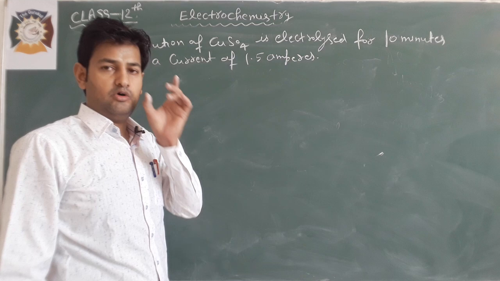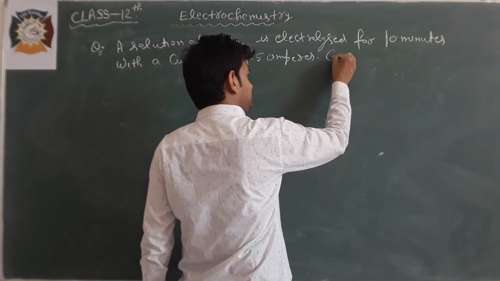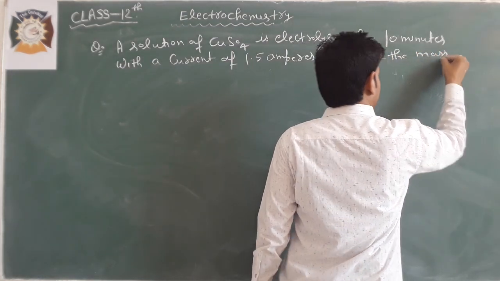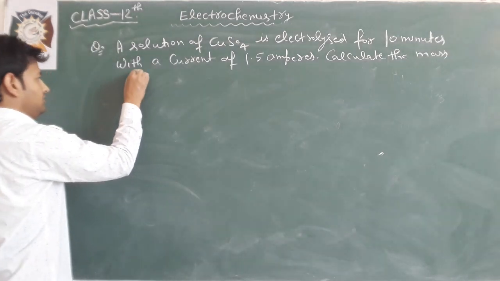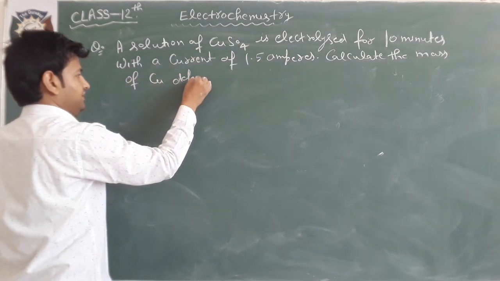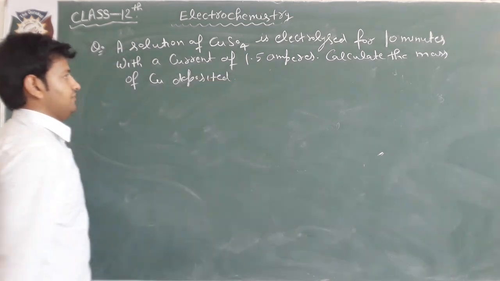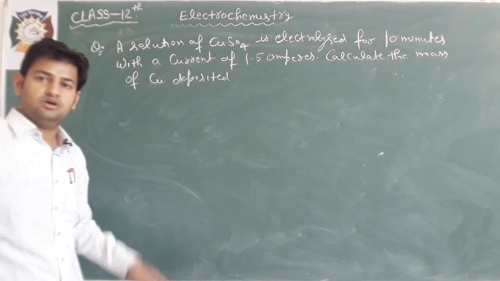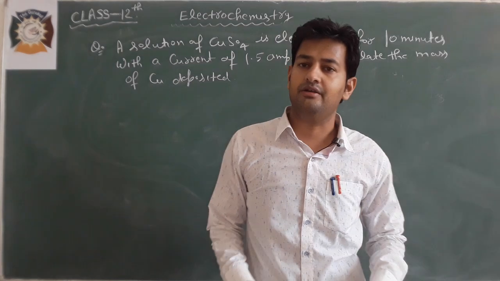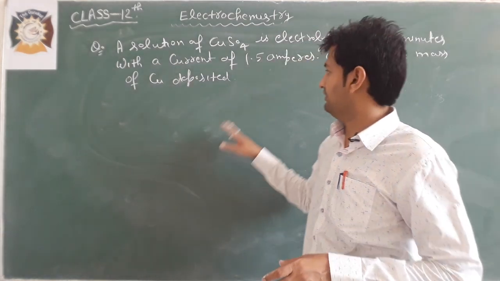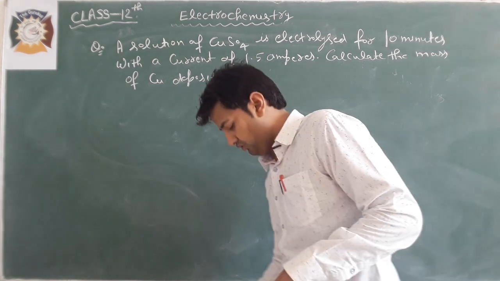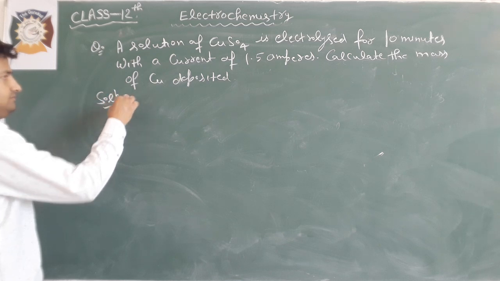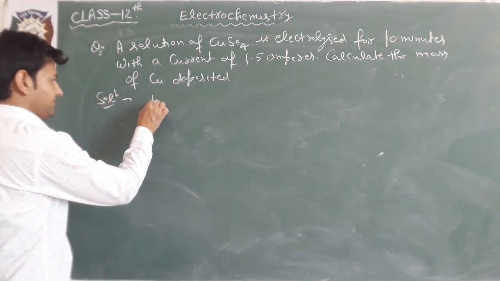Calculate the mass of copper deposited on the electrode. So in this question we are given the current as 1.5 ampere.